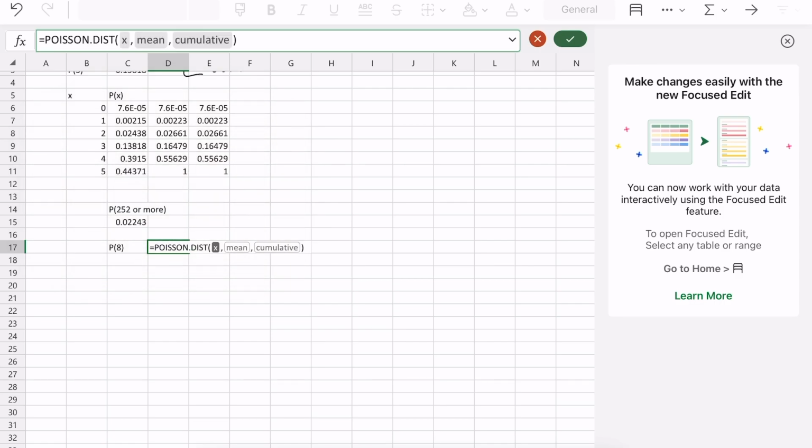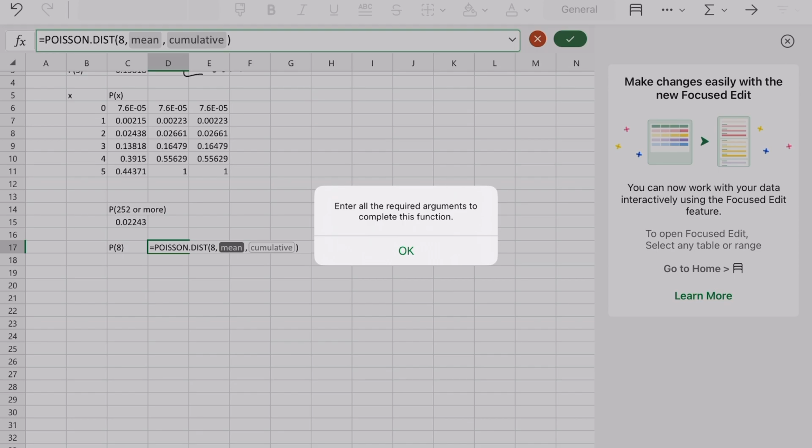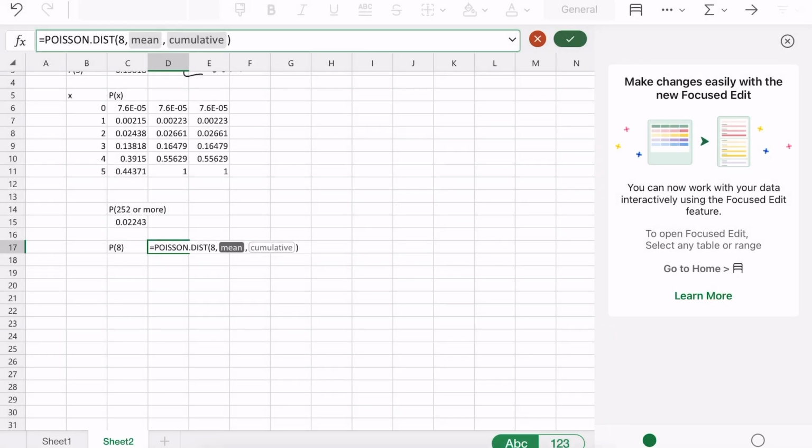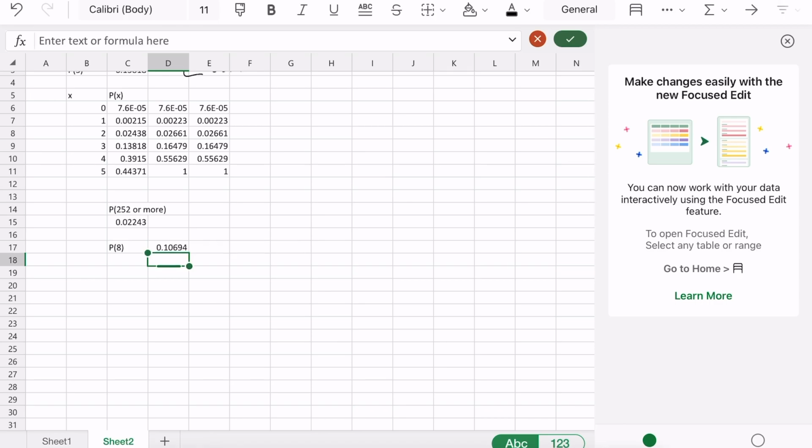X is 8. Mean is... you know what? Let me put in the exact number: 336 divided by 55. That'll give me the best possible value there. And then cumulative, I don't want 8 or less, I just want 8. So I'm going to put 0 there, enter, and there's my probability.